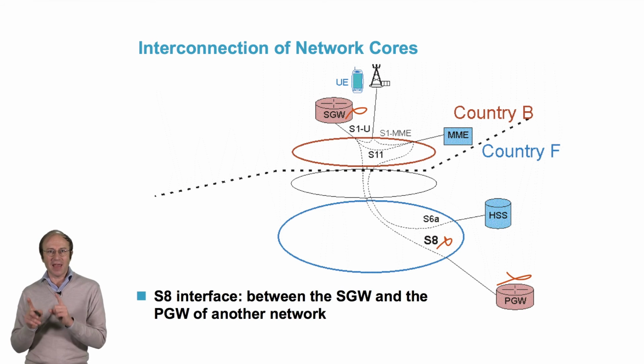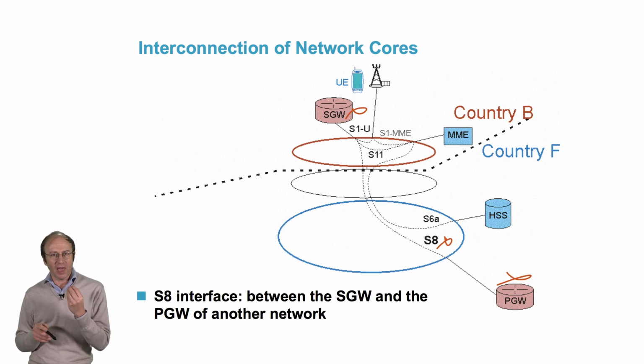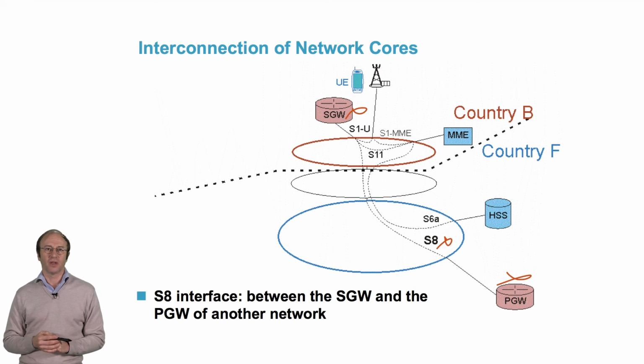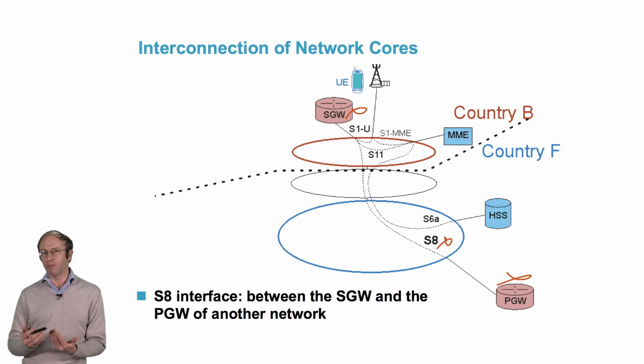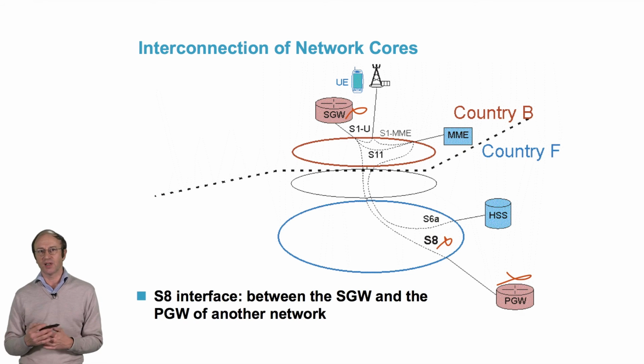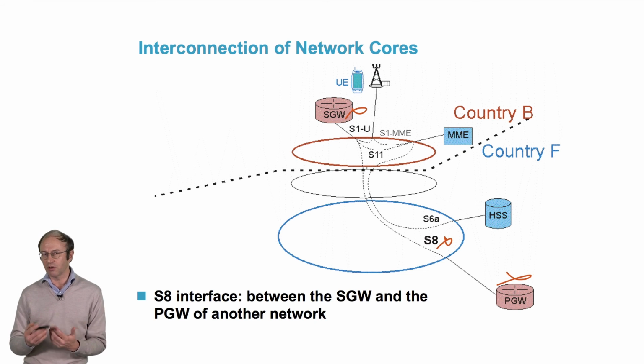The S8 interface is between the S-gateway and P-gateway of different networks. For this course, we won't distinguish between them because that would take us too far into uninteresting technical details, and these details are not useful for us to understand the general concepts.